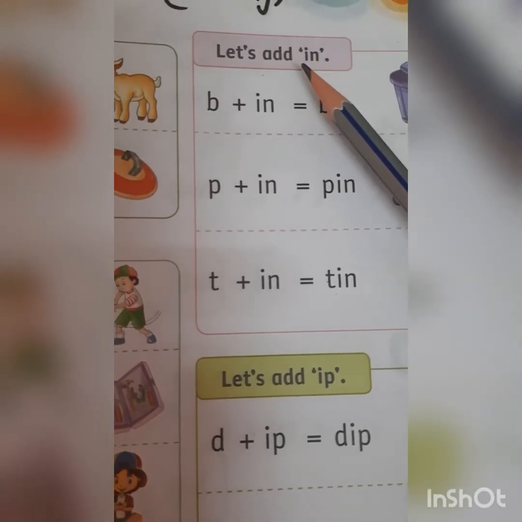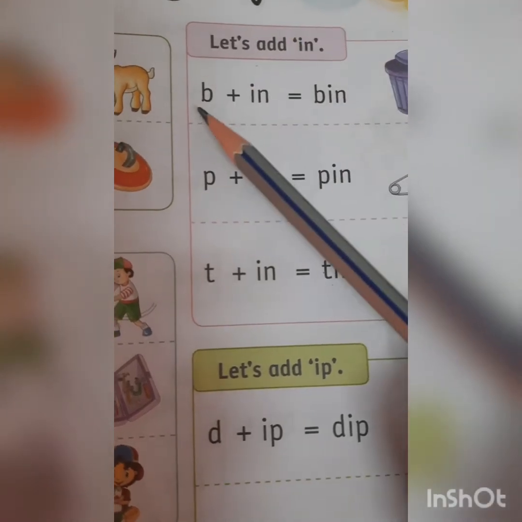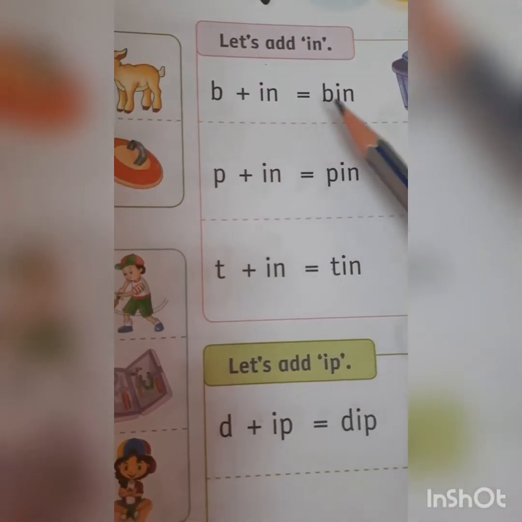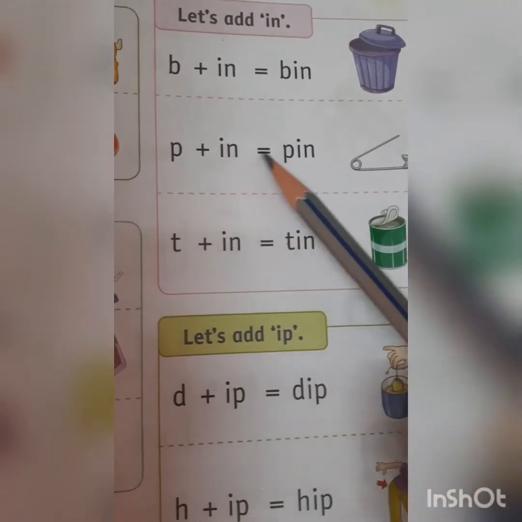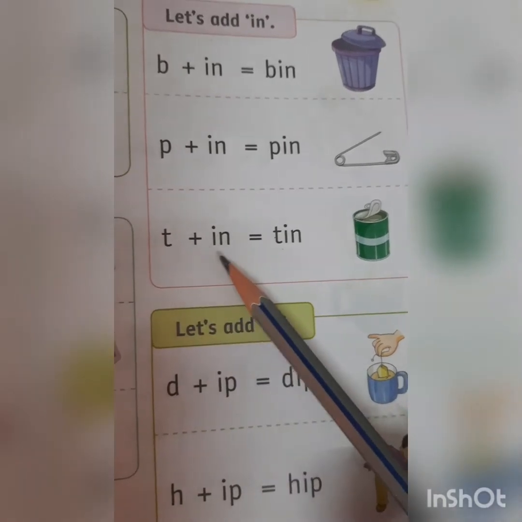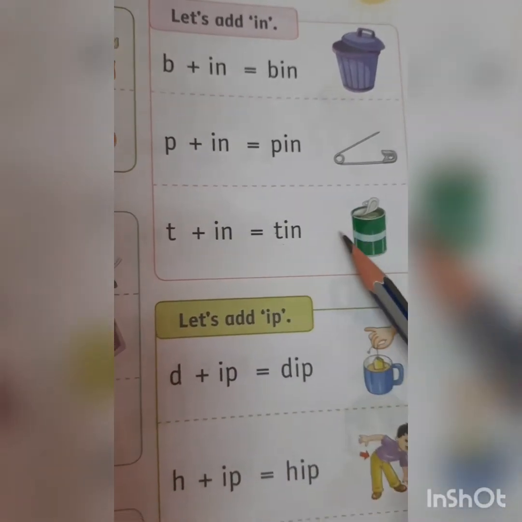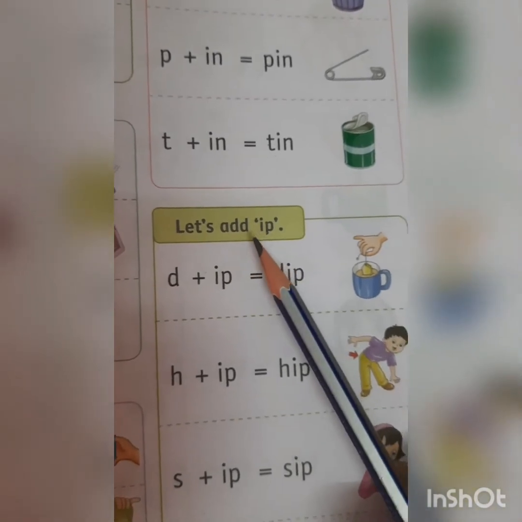Now children, let's add in. I, n, in. In, bin, bin. In, pin. In, tin. Now children, let's add ip.